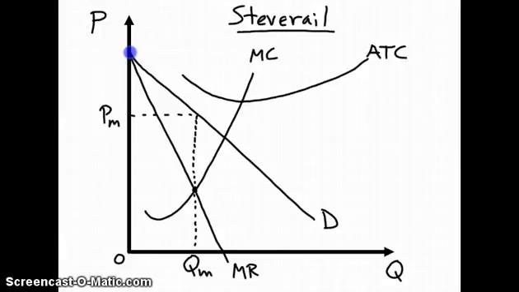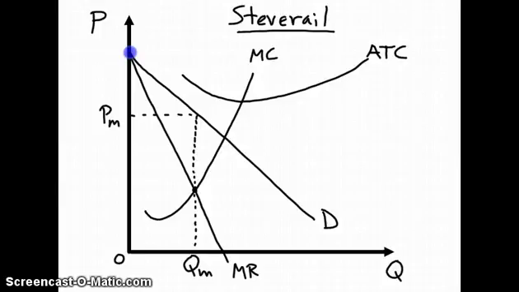There's my average total cost curve, and I have completed the first part of Part A by showing the profit maximizing or loss minimizing solution at QM and PM.